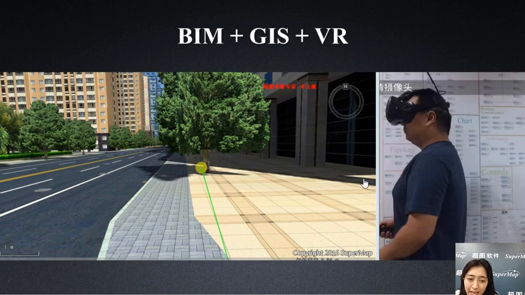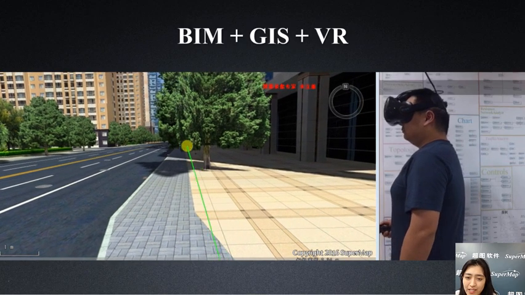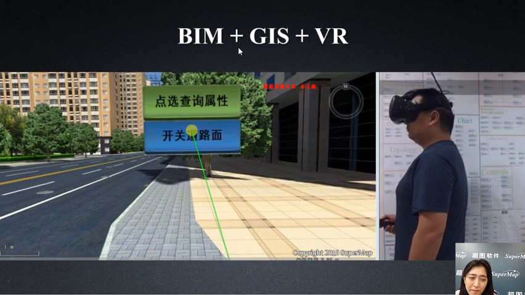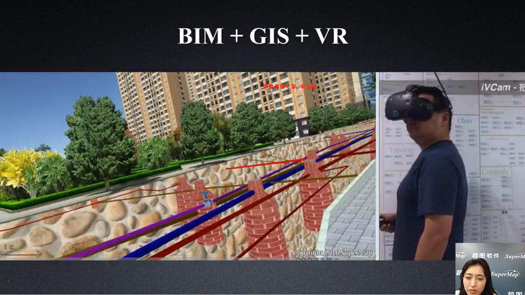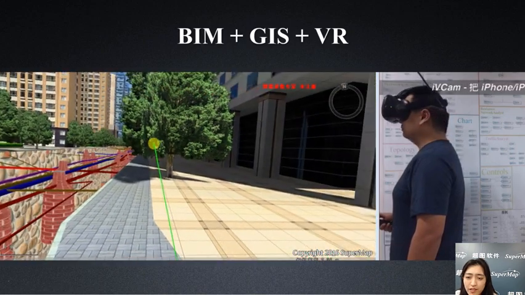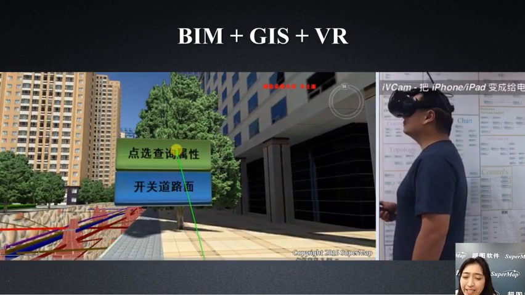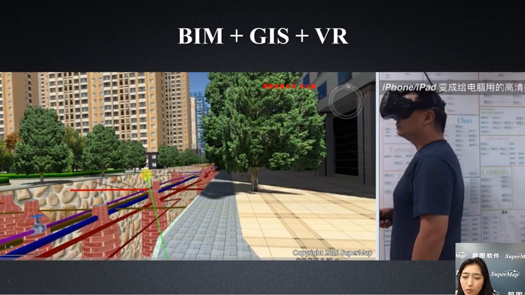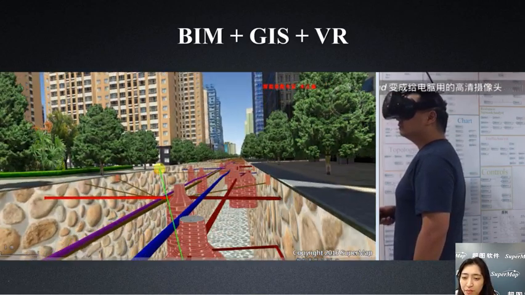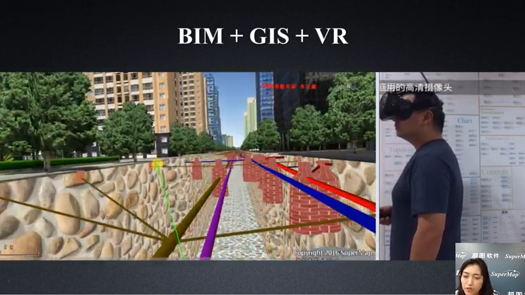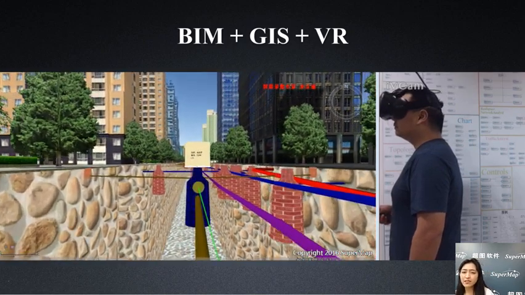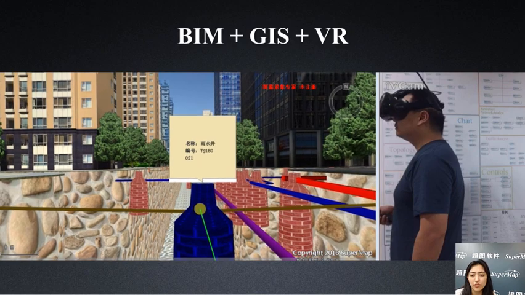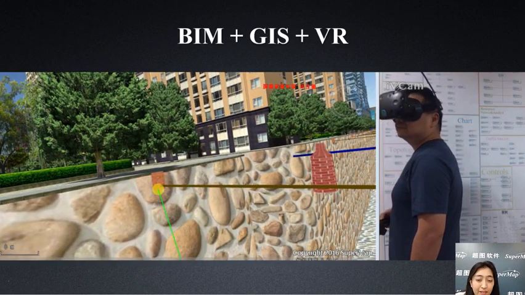Okay, and then that is BIM and GIS and VR. With the help of emerging technology in the field of IT hardware, SuperMap has also made major breakthroughs in enhancing display effect and human-computer interaction with the help of VR devices.